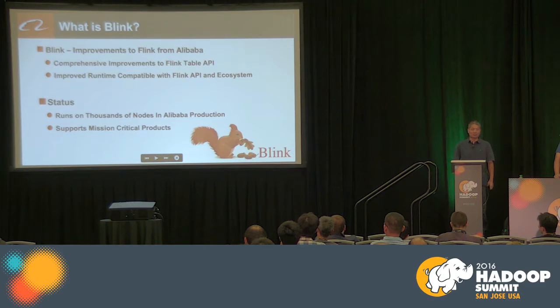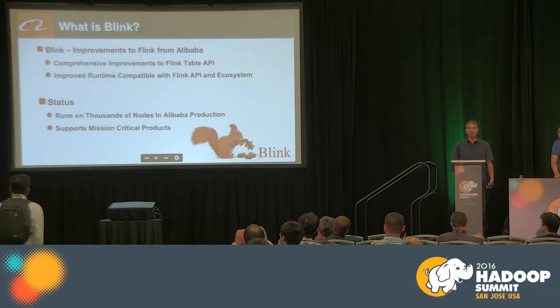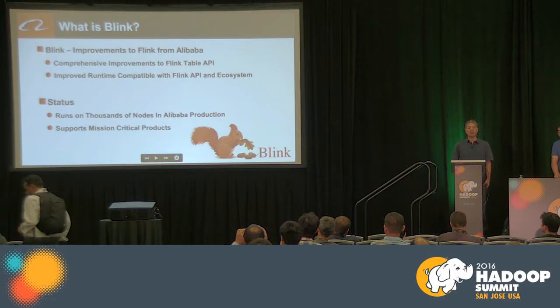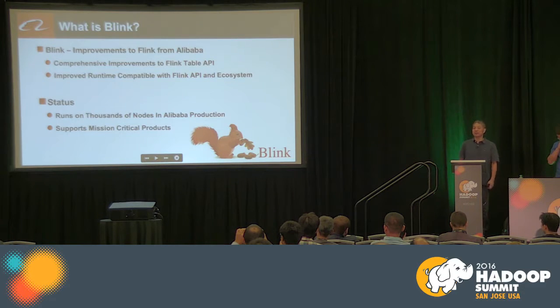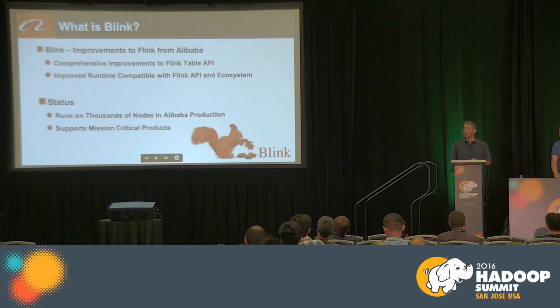The improvements to Flink come in two categories. The first set of improvements is at the SQL layer, at the API layer. Currently, Flink has reasonable support for batch SQL. But the support for streaming SQL is still primitive. Basically, it only has select and where statements in streaming. We want to make sure the support at the SQL layer in streaming is functionally complete to meet our functional requirements.